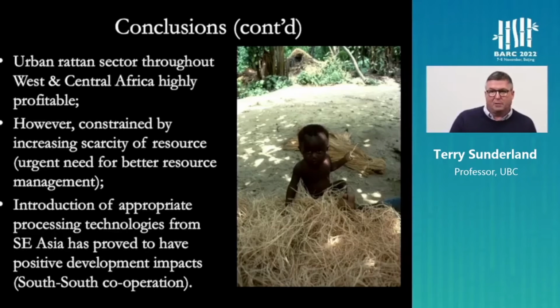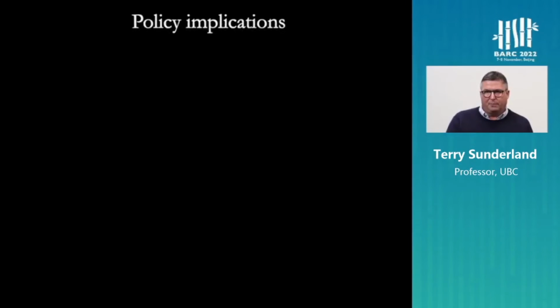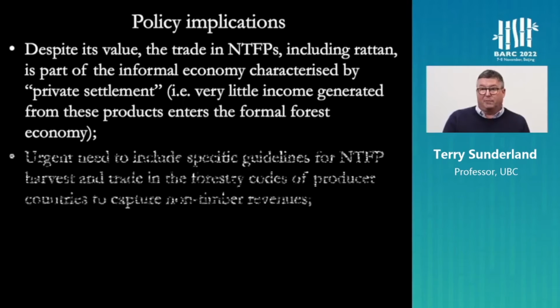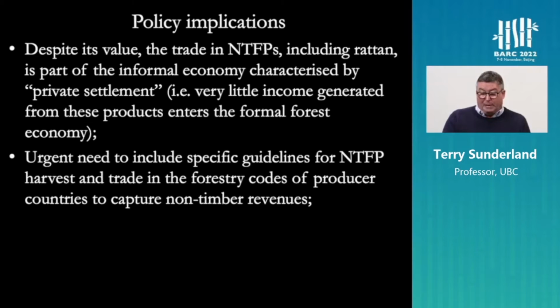And the introduction of processing and transformation technologies has proved to have some positive development impacts. And this is a great example of South-South cooperation, which could be further exploited. But we know that NTFPs, including rattan, are part of the informal economy, characterized by private settlement during its transformation, and very little income generated from these highly profitable resources ends up in the formal forest economy.